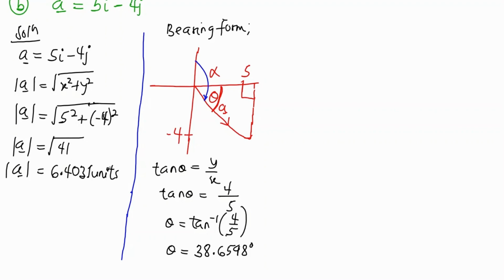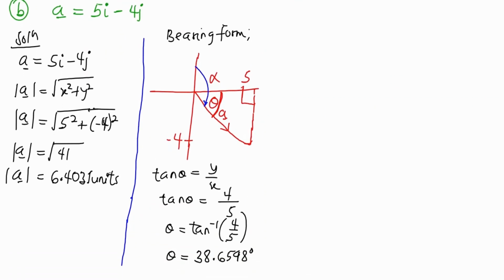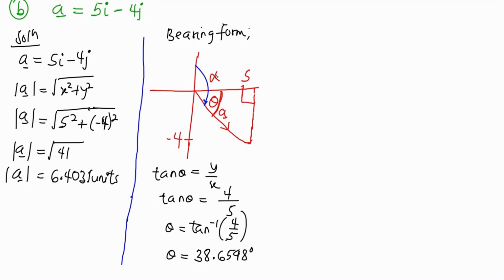Now, theta is not the bearing of the vector; the bearing of the vector is alpha. The bearing starts from the positive y-axis to where the vector is. From the positive y-axis to this point is 90 degrees, and when it continues, we are adding the 90 degrees to the angle theta.